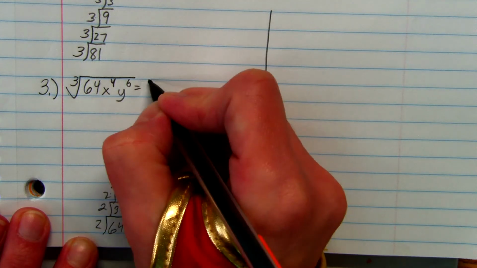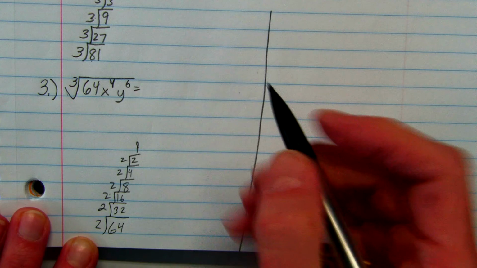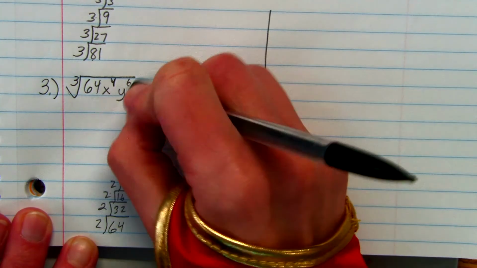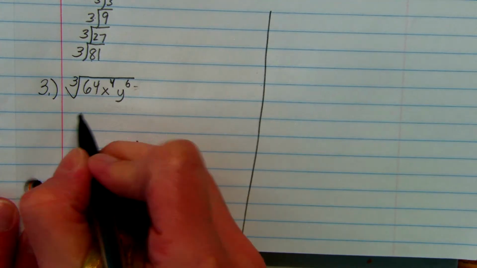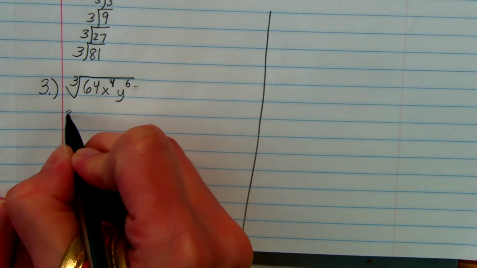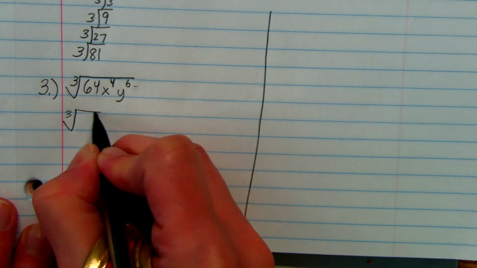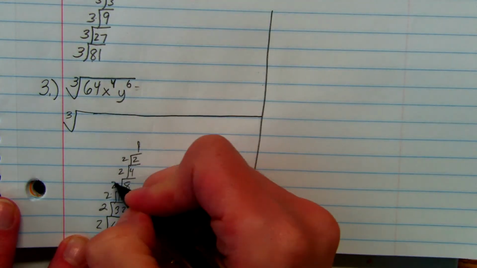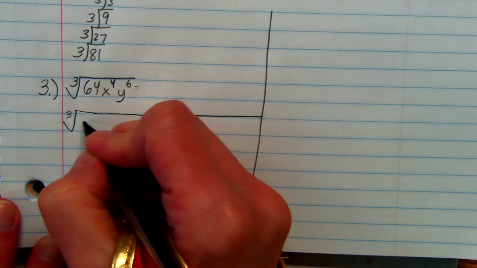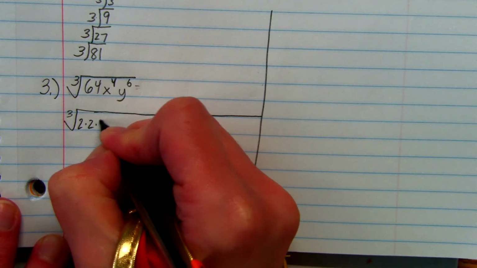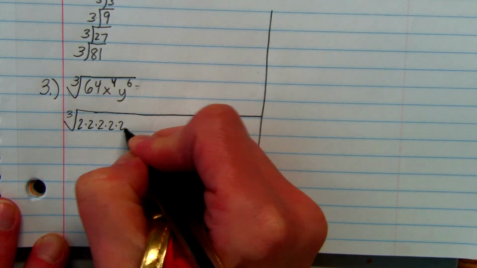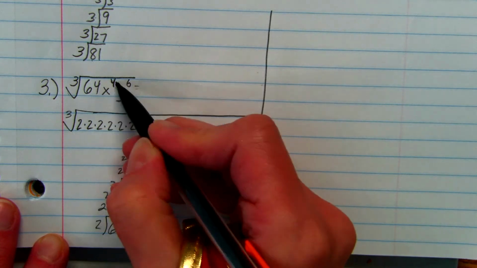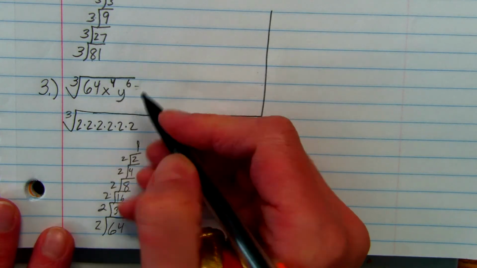So you're going to have the cubed root. Actually, I'm going to write this underneath so that I have room. So we're going to write this as the cubed root of, and you're going to need a great big sign, and you're going to need to write small. So there's 1, 2, 3, 4, 5, 6 twos. And then with the x's and y's, we're just going to write them in expanded form.